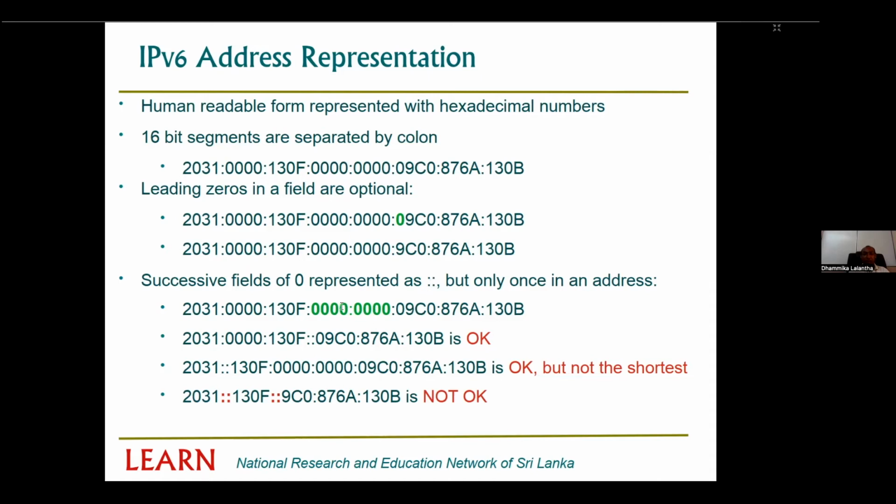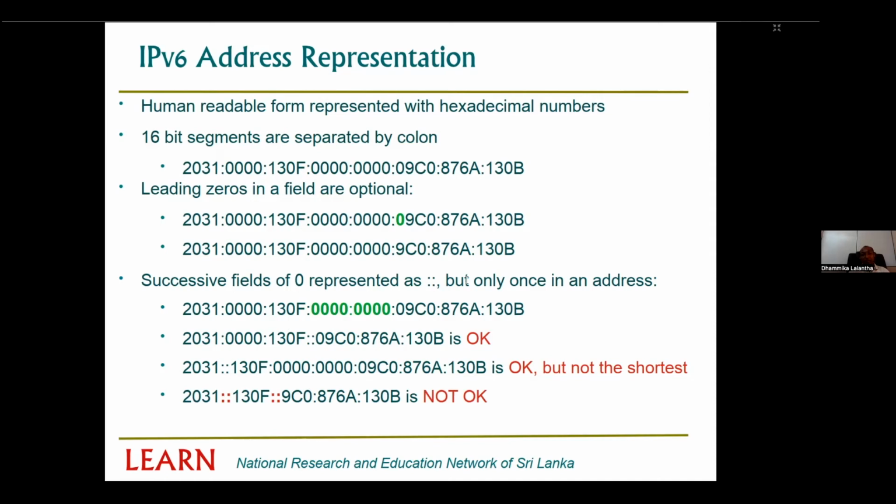In this example, this green part we can represent as a double colon, but we are not going to do that for the remaining second segment, because we can only replace successive zero fields once, not twice.